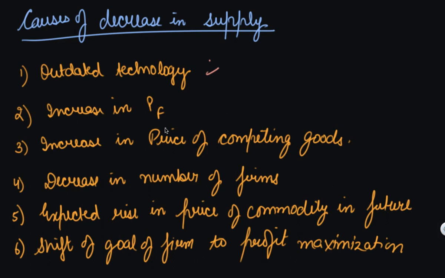You won't supply in the present, you will wait for the future, as your cost will be the same, so you'll earn more profit if you supply in the future. So this is your decrease in supply. Shift of goal to profit maximization: now you're shifting your goal to profit maximization from sales maximization. Profit maximization means that you will sell at higher prices. If you sell at higher prices, only then are you getting more profit.